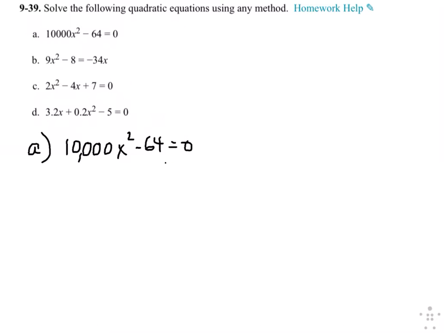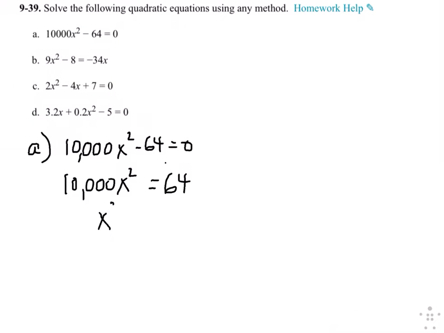A couple ways we could do this. I think it's easiest when you just have the one quadratic term to add 64 to both sides, and then divide both sides by 10,000, right?